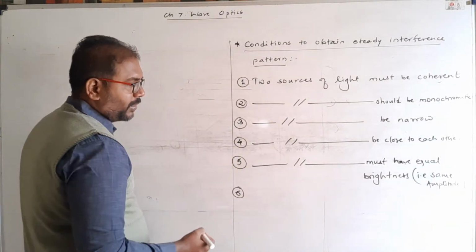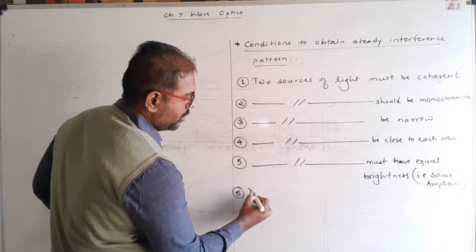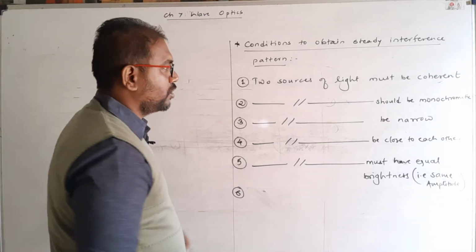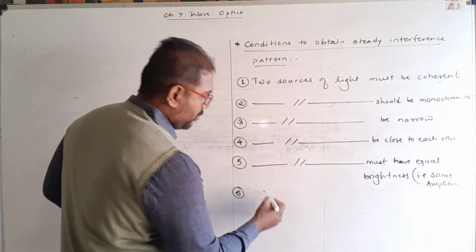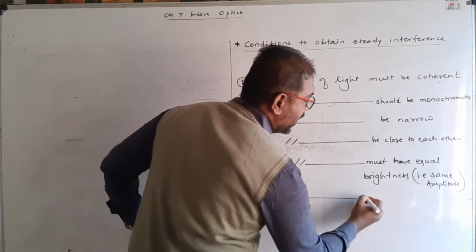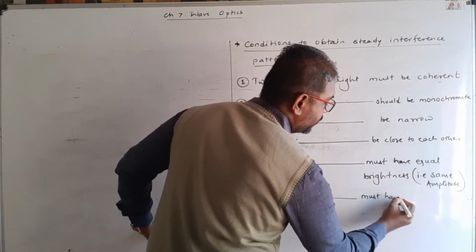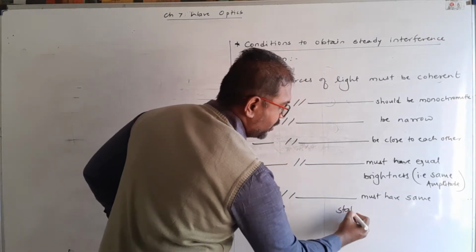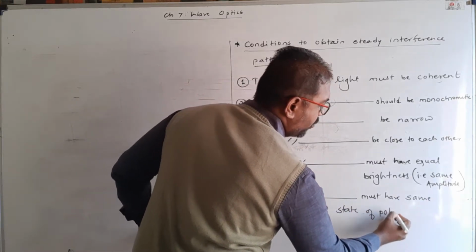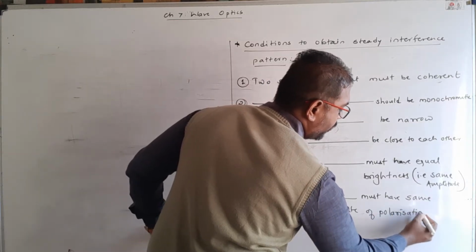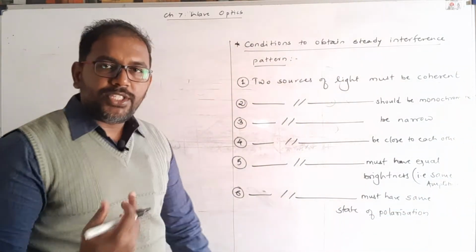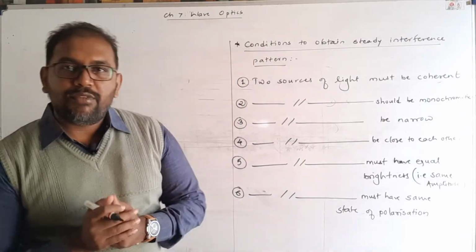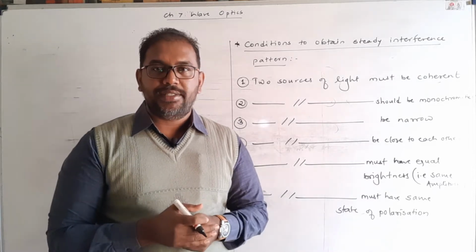Next, two sources of light must have the same state of polarization. Same state of polarization means what? Polarization means both light waves must have their vibration in the same plane.